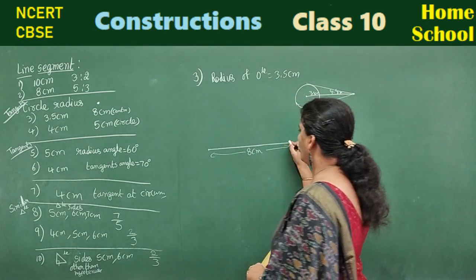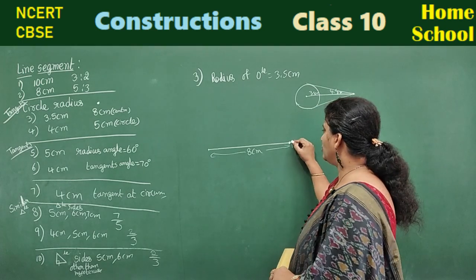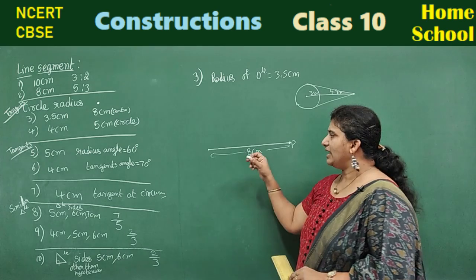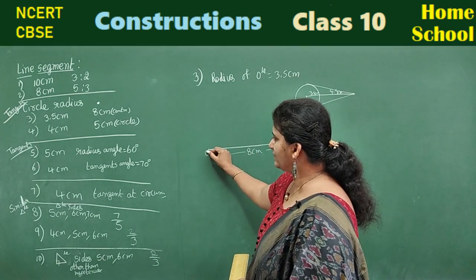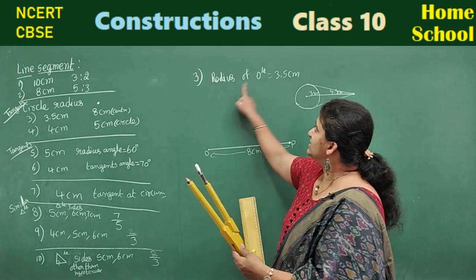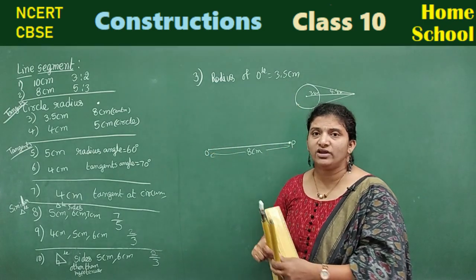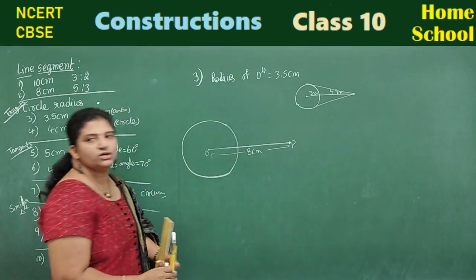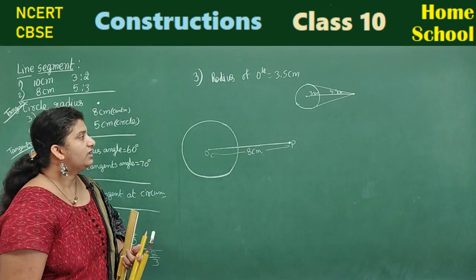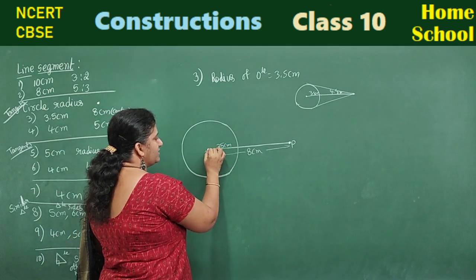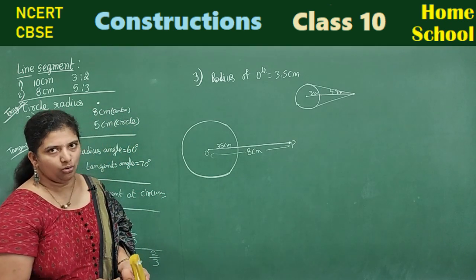This is the external point, you can mark this as P, external point P. And you can mark this as the center of the circle, O. Now with O as the center, what is the circle radius? 3.5 centimeters. Draw a circle. I have drawn a circle from center O.